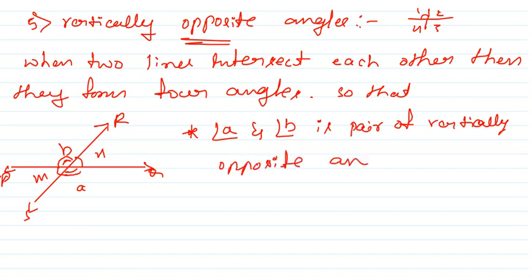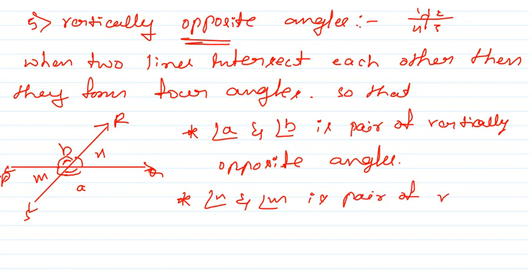Clear? So A and B are vertically opposite, both are having the same degree. And one more pair, that is angle N and angle M, is a pair of vertically opposite angles.